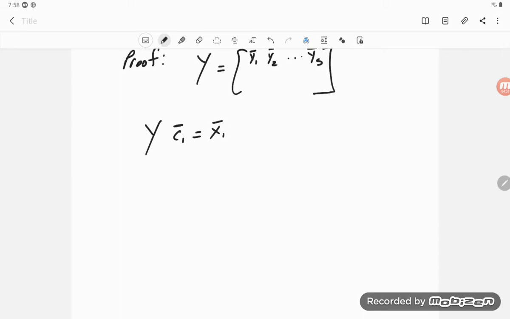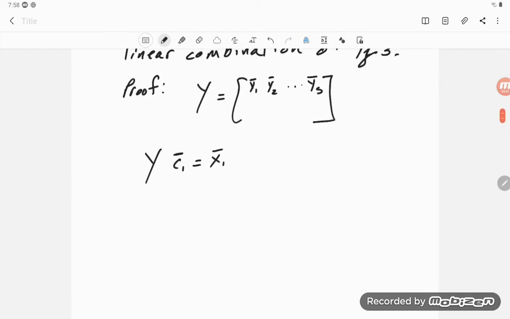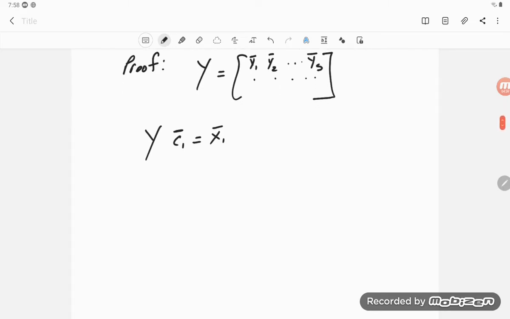and that is equal to x1. Okay, because remember that if I just want to take a linear combination of the columns in Y, all I have to do is multiply by some vector on the right, and that will give me linear combinations of the columns. That's the column space. Okay, so we have that. We have Yc2 is equal to x2 and so forth.